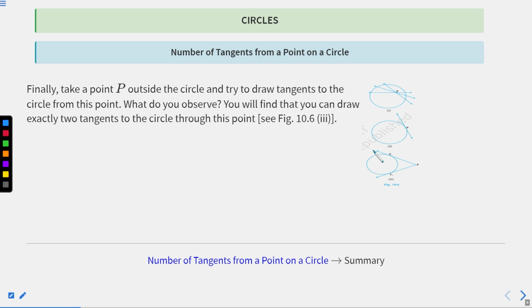In the second case, if we take the point P on the circle, then we get exactly one tangent to the circle. And in the third case, if we take point P outside the circle, we can draw two tangents to the circle. That is what we have observed from this activity.